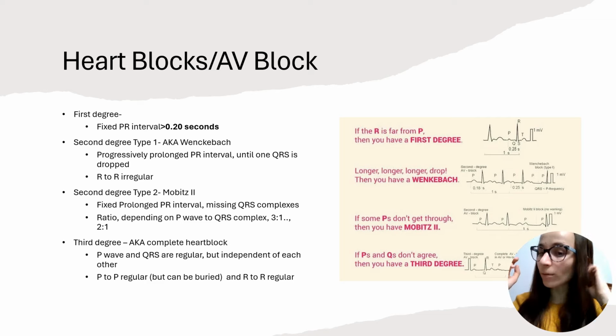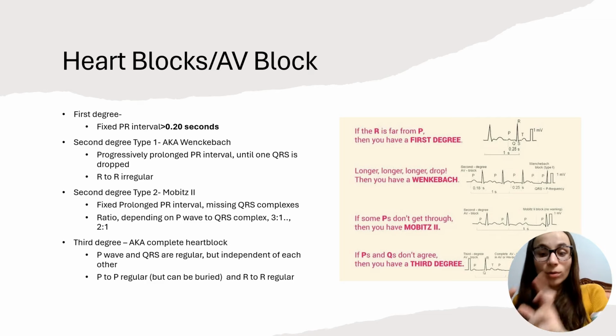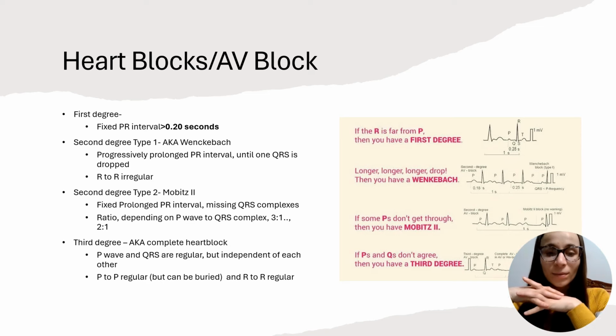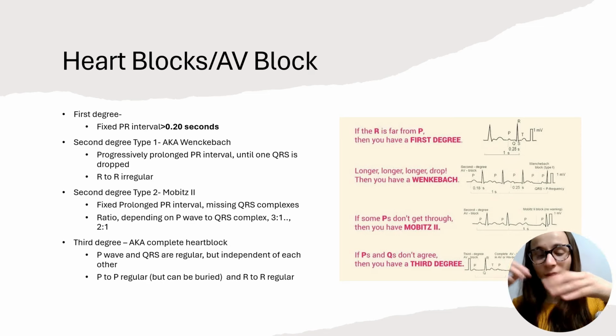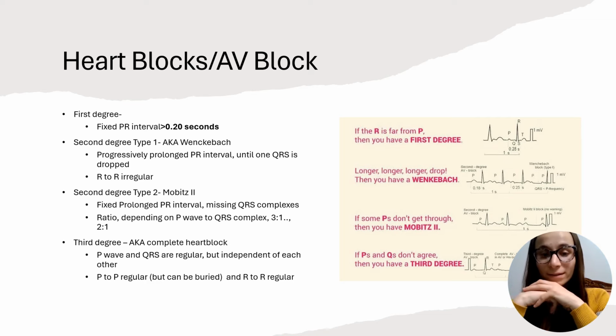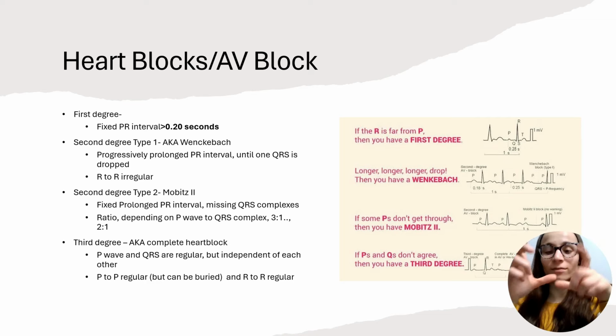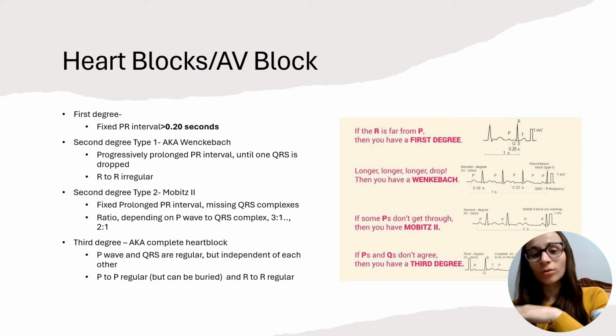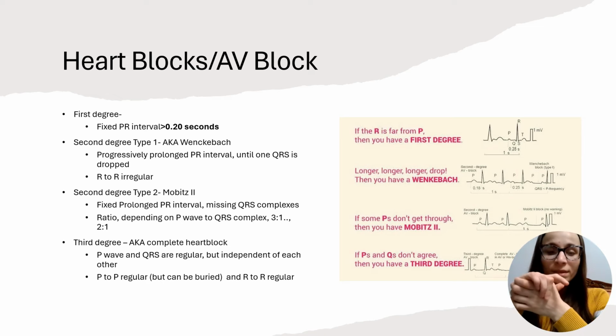In second degree type 1, you're going to have prolonged, it's going to get more prolonged, and then a heartbeat is going to be blocked. So you're going to have a dropped QRS, and the cycle is going to repeat itself. Prolong, more prolong, another one dropped. These patients usually will be symptomatic because they're having a slower heart rate, they're going to have dizziness.